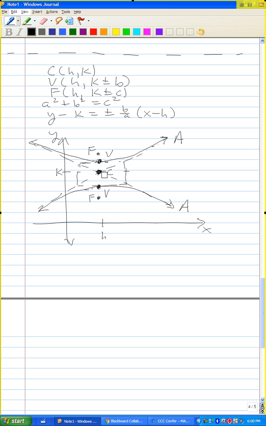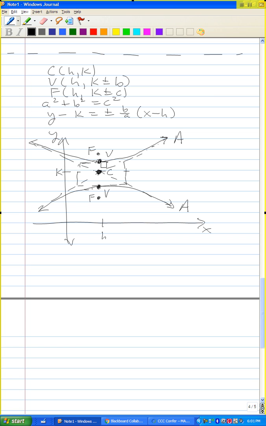The distance from the center to this is a, from the center to this vertex is b. Well, the absolute value of a, absolute value of b, assuming a and b are positive. And the distance from the center to the focus is the absolute value of c. So that's in general what the equations of the hyperbolas look like.